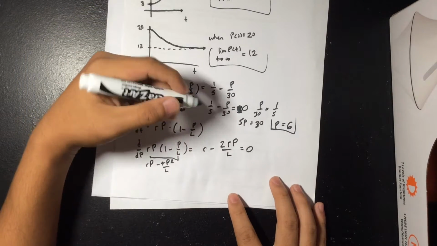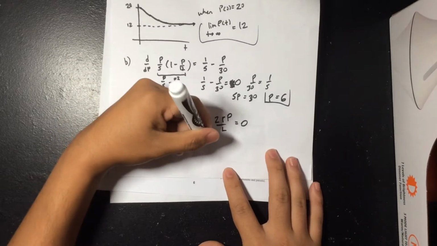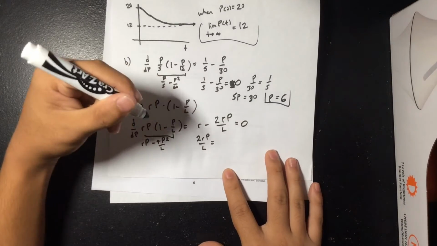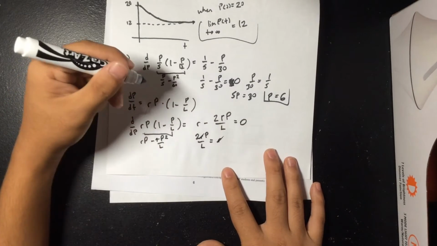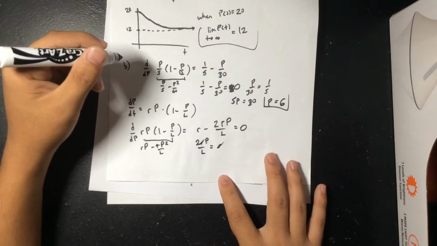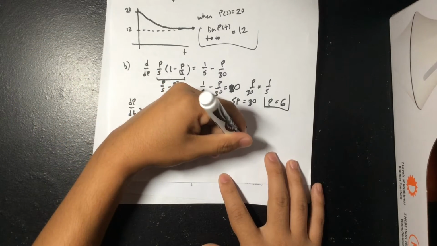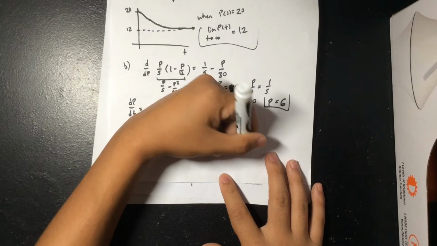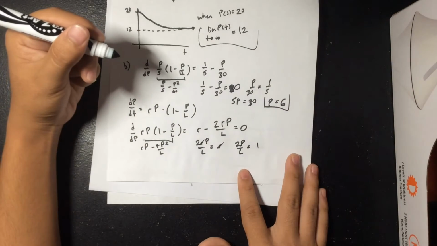And so we have 2RP over L is equal to R. Cancel out the R's. And so we get 2P over L is equal to 1.